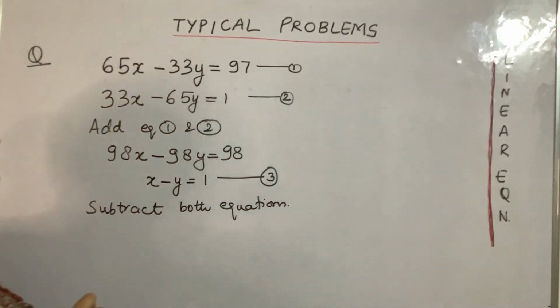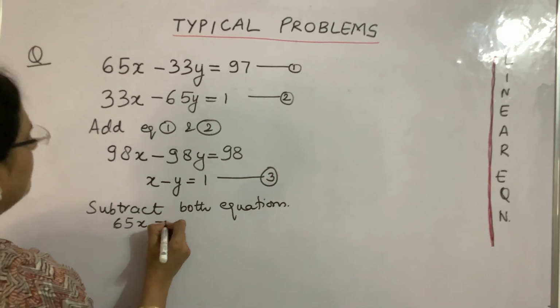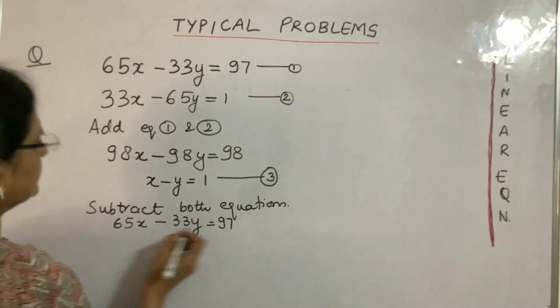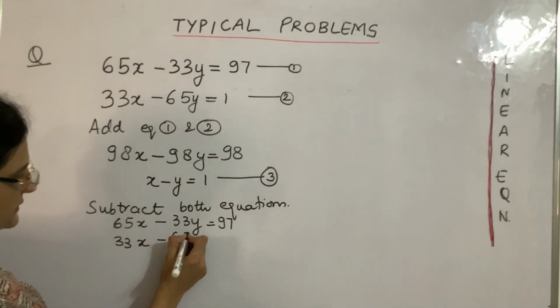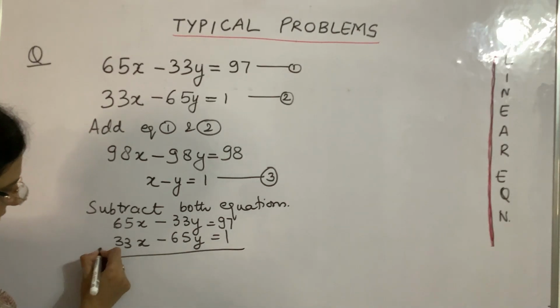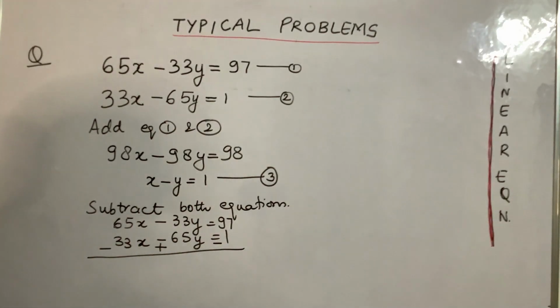Now subtraction, let me write them down. So it is 65x minus 33y is equal to 97 and 33x minus 65y is equal to 1. Let us subtract them, change the signs and then operate.